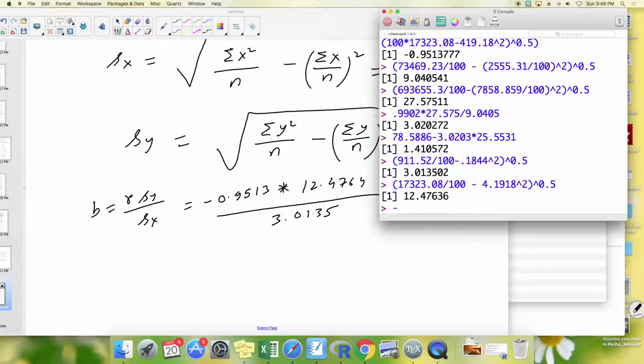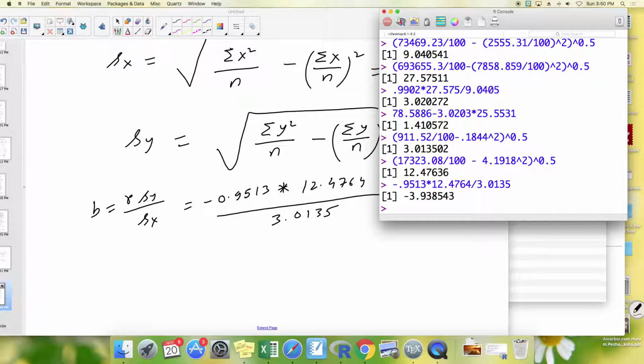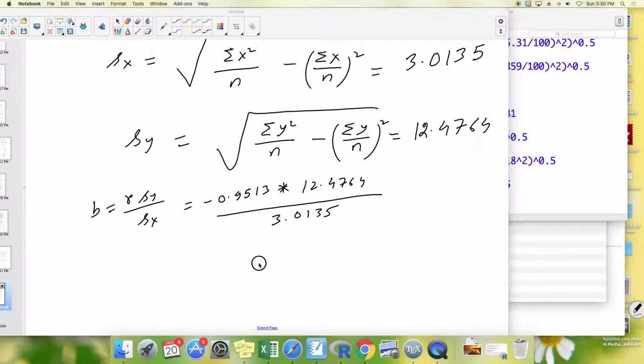So minus 0.9513 times 12.4764 divided by 3.0135, which is minus 3.9385.